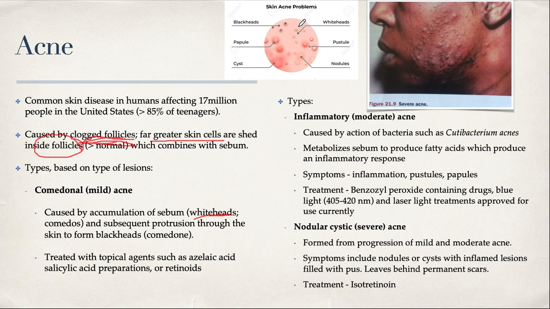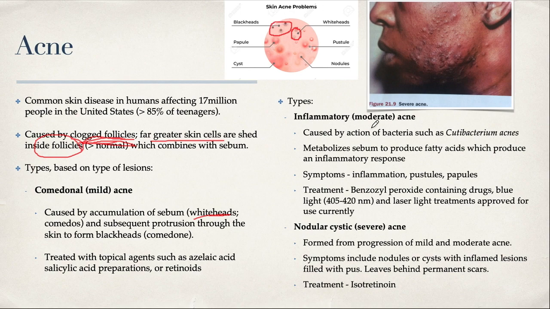So these are the whiteheads. So the acne appears whitish. But it would eventually break through. There will be a protrusion, break through, and once the pus, the fluid or sebum exits, you end up with blackheads. And we can use topical agents such as azelaic acid or salicylic acid preparations to treat it.